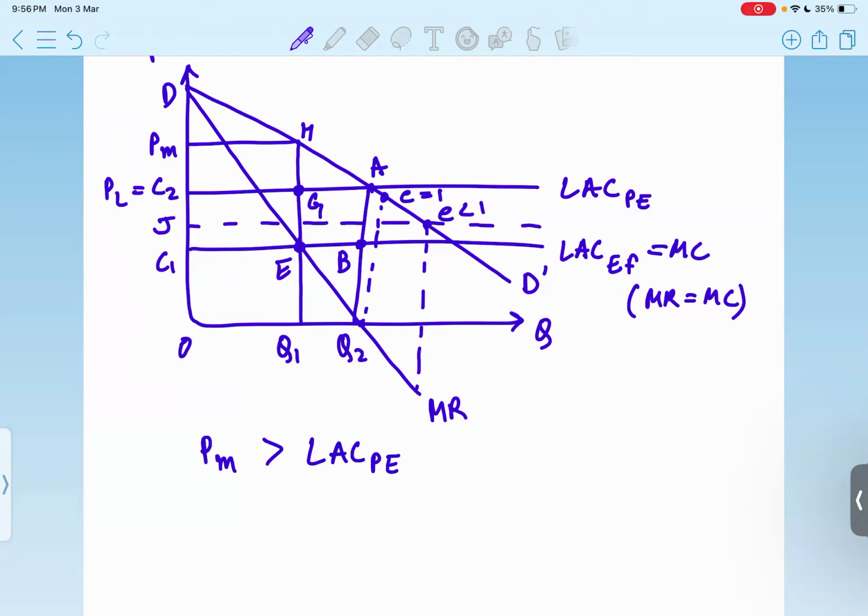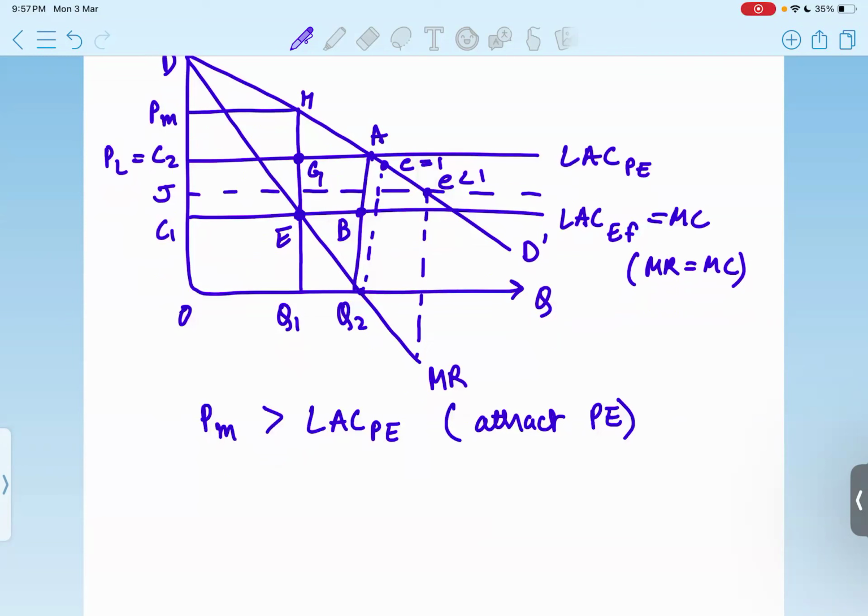So even they have a margin of production which can earn them profits in the market once they enter the industry. So this condition will attract the potential entrants, which we do not want. So OPM cannot be the limit price, because we want to set a limit price so that new firms will not enter. So this condition is ruled out.